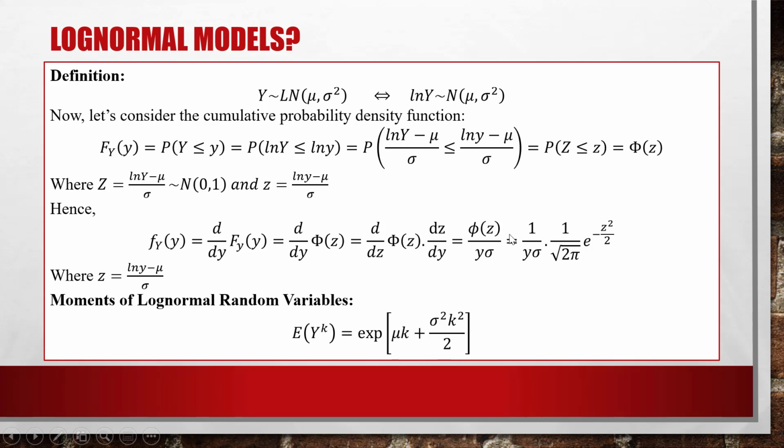Remember, little phi of z is the density function of the standard normal distribution. So little phi of z is 1 over square root 2 pi times e to the minus z squared over 2. Whereas z here is defined as natural log of y subtract mu over sigma.